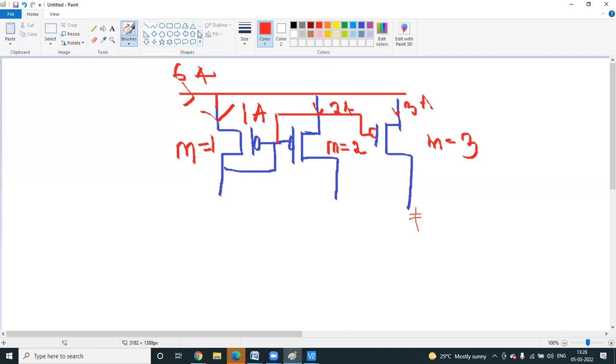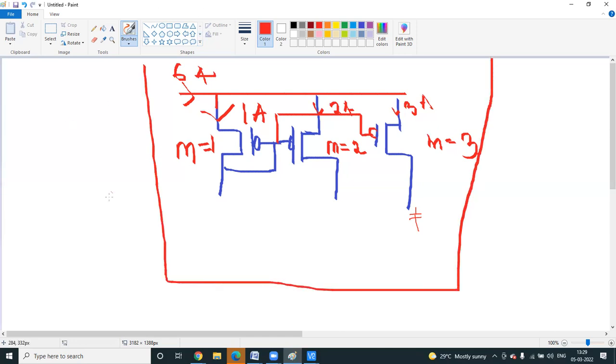Any doubt? Multiplier, finger. Today we discussed latch up, shielding, multiplier, finger, current mirror, differential pair. Tomorrow matching, layout dependent effect. If you know that much, and fabrication, just revise fabrication. For tomorrow's class, I have given the recorded class on YouTube, or when it is shared in the group also.